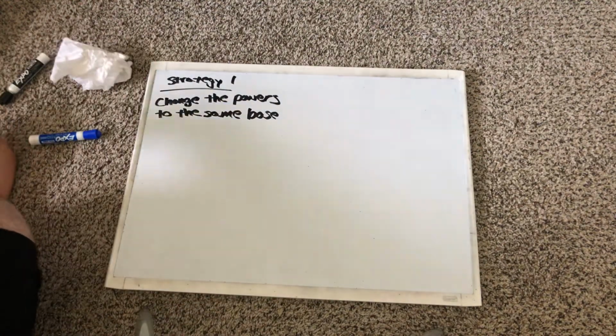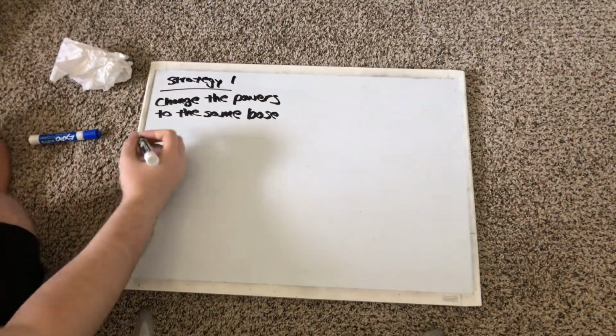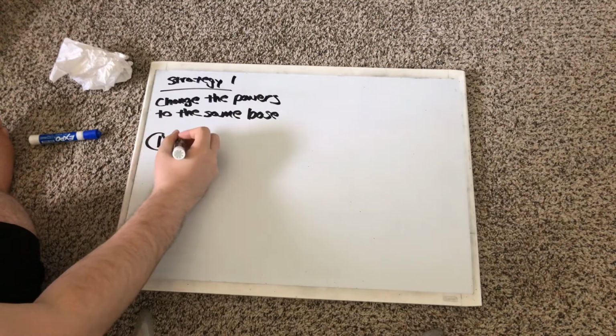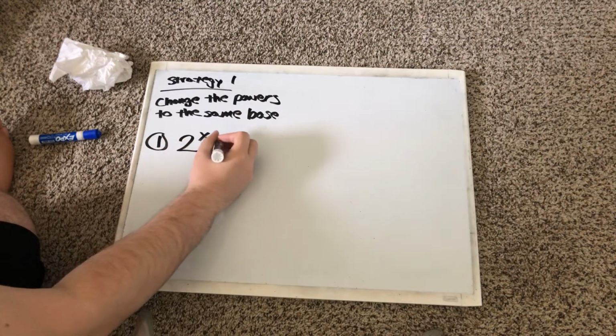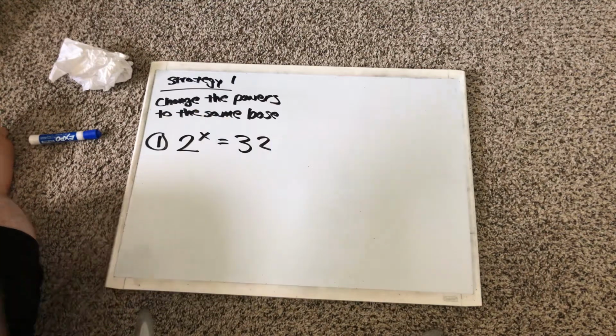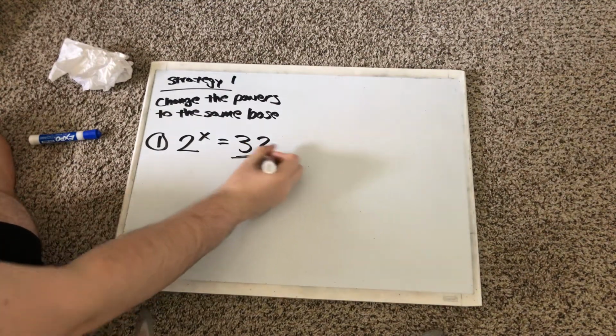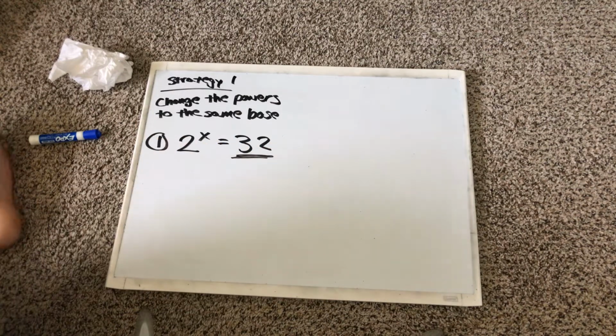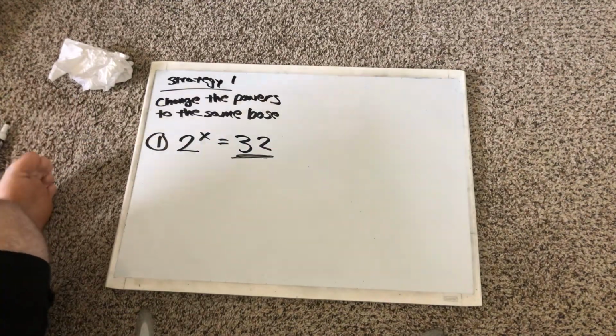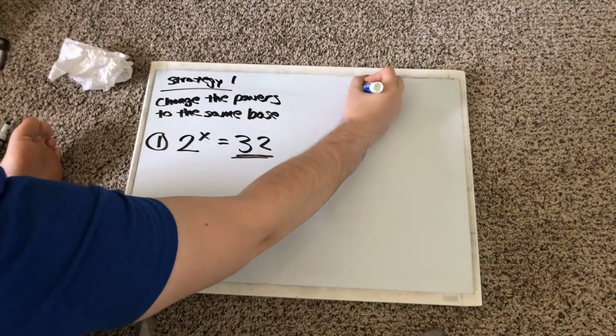So if I look at example number 1, I have 2 raised to the power of x equals 32. So what that means is I have to get this 32 to be a base of 2. So I'm going to go handy dandy factor tree, 32.